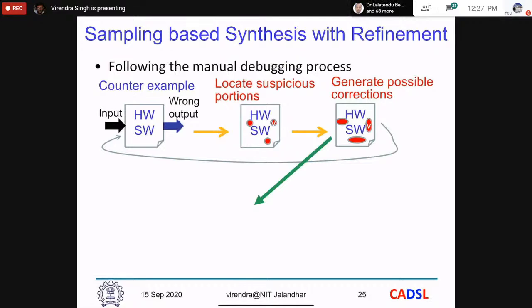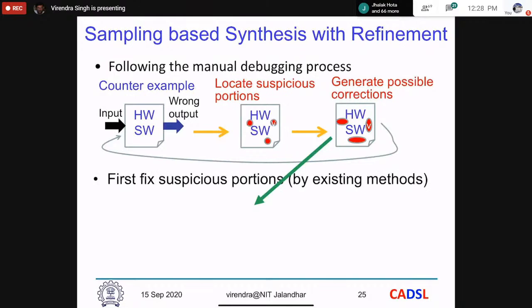So what you do is use the manual debugging process. You get a counter example, you localize the suspicious candidate, and now you generate the possible correction by this, and then again you keep doing this iteratively, and you can refine this, and finally you will get the right hardware.